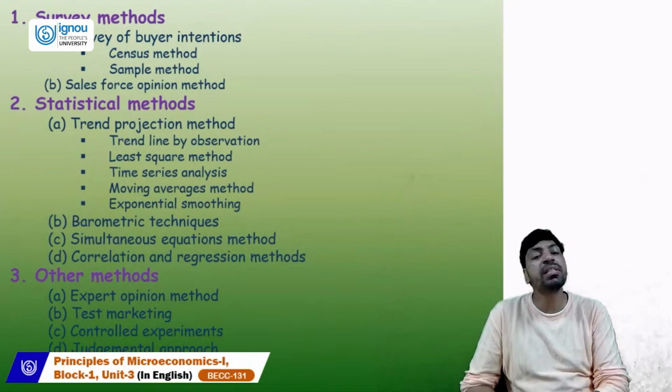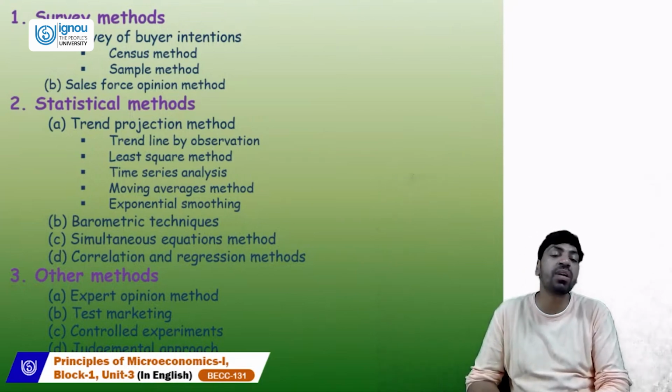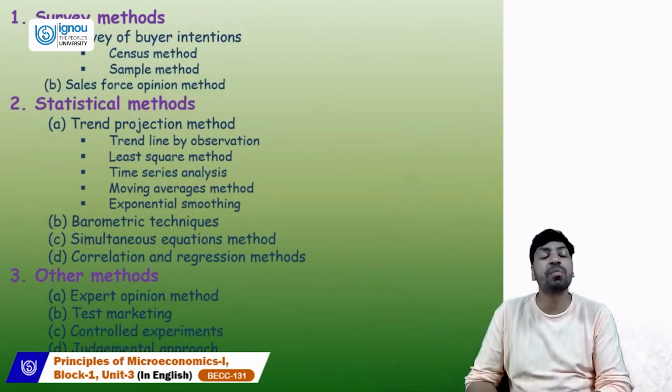The second one is the least square method. It is an equational method where two variables are considered, and using a mathematical formula, we forecast the demand for the products.